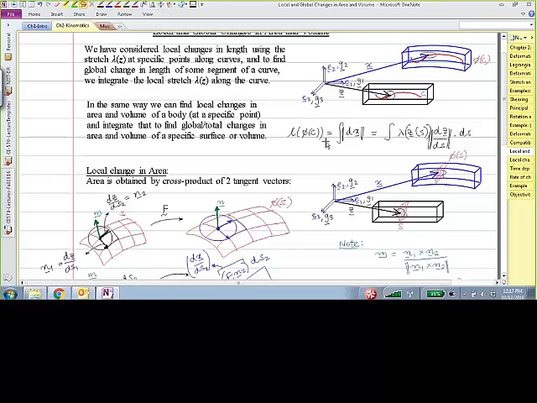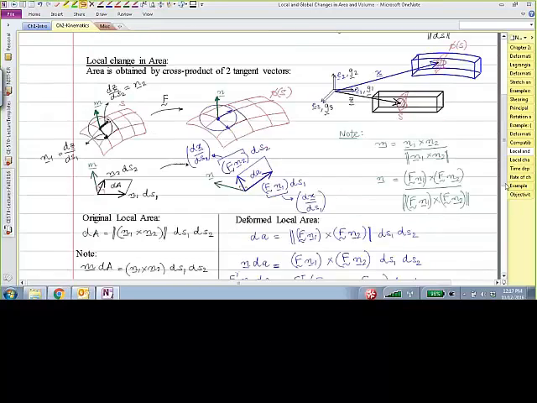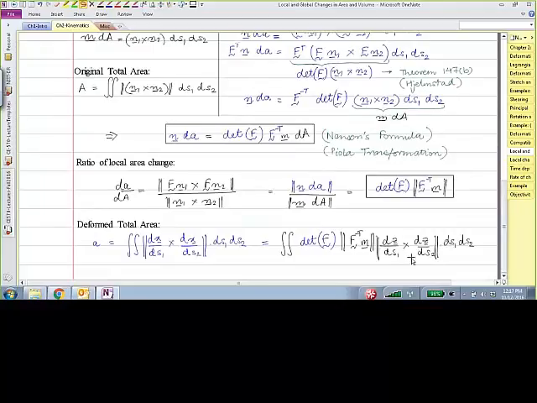That's the exact same relationship I've written down here below, or the corresponding relationship for areas. The deformed area can be written in terms of the parameterization of the deformed surface, which can be expressed in terms of the parameterization of the undeformed surface times the stretching factor for the areas. So either of these two you can use to calculate the changes in area.